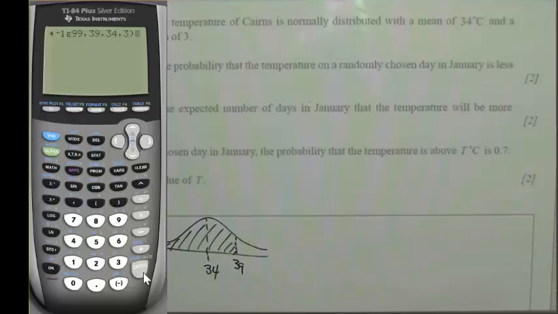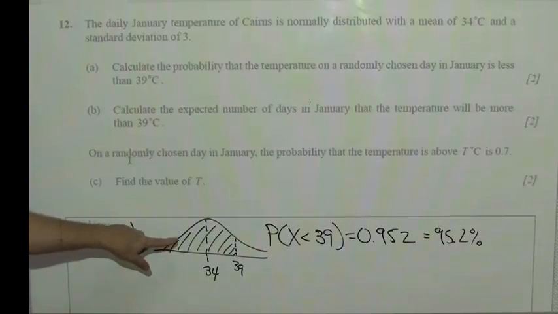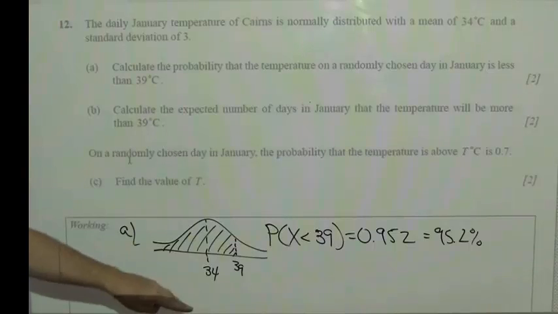And once we've done that, we get the answer 0.9522, and to three significant figures, we have 0.952. But showing me some work, this drawing is an acceptable method. And again, if you make a mistake on the calculator, at least you've got a method point.